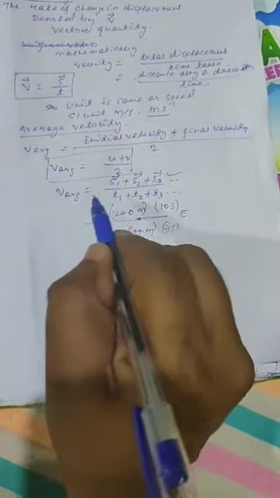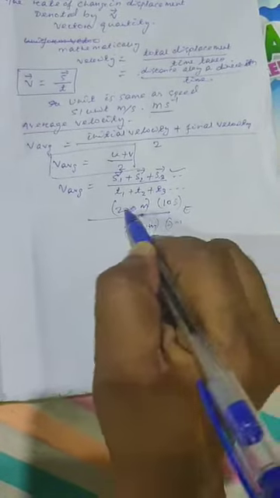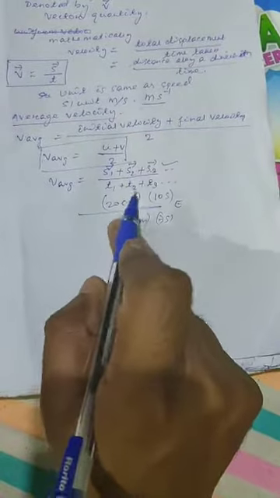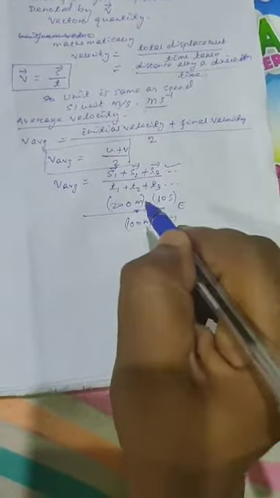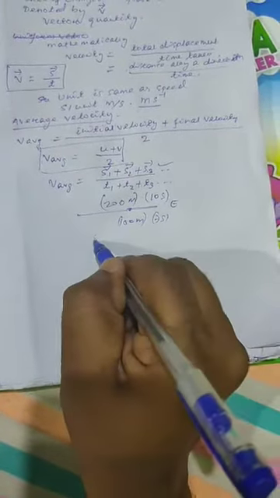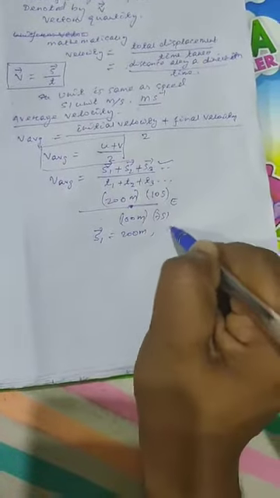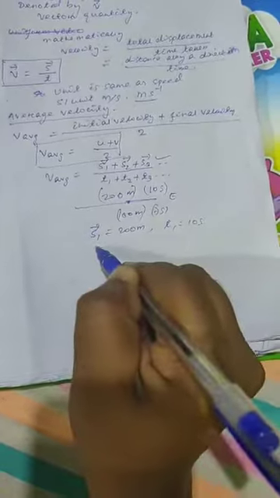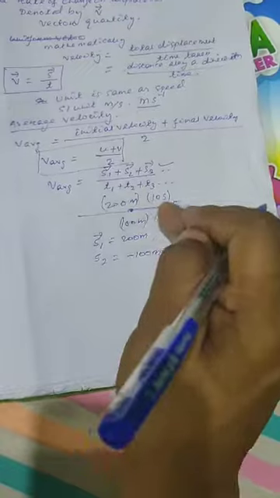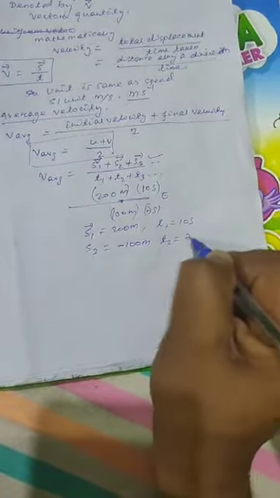If they ask for the average velocity, take the displacement in one direction as positive, then the opposite direction is negative. So s1 is equal to 200 meter, t1 is equal to 10 second, then s2 is equal to minus 100 meter, because it is opposite to s1, and t2 is equal to 7 second.